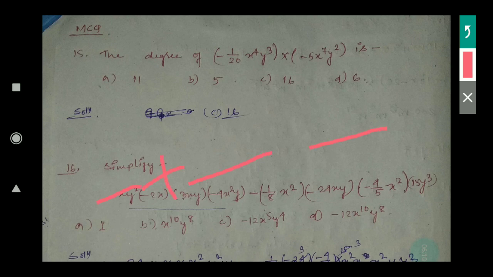Suppose here plus is given, here minus is there. So in each of these 3 cases, you have to compare in which case you are getting the larger power of the variables. That one will be the degree of the polynomial.